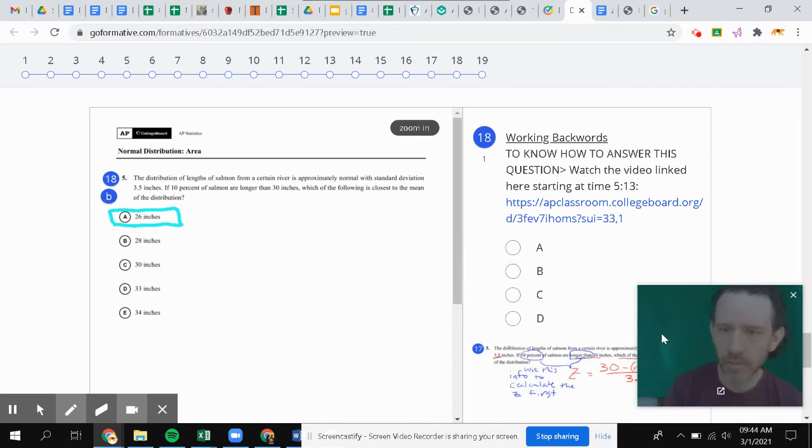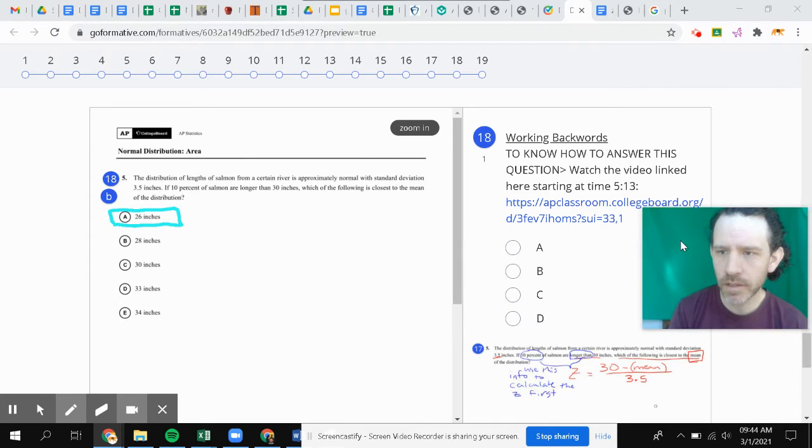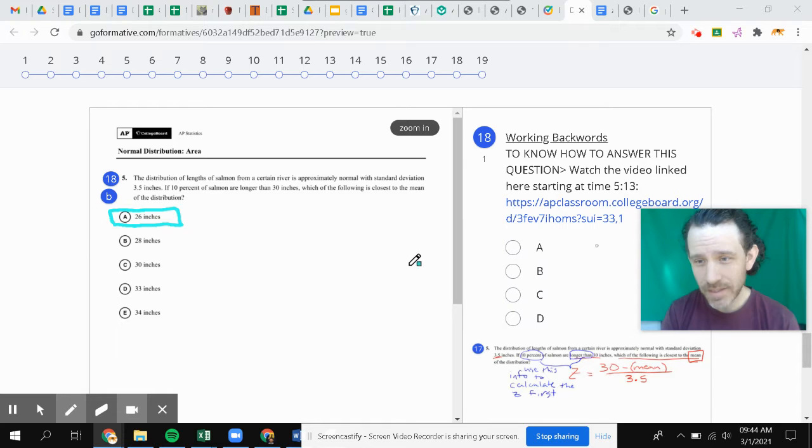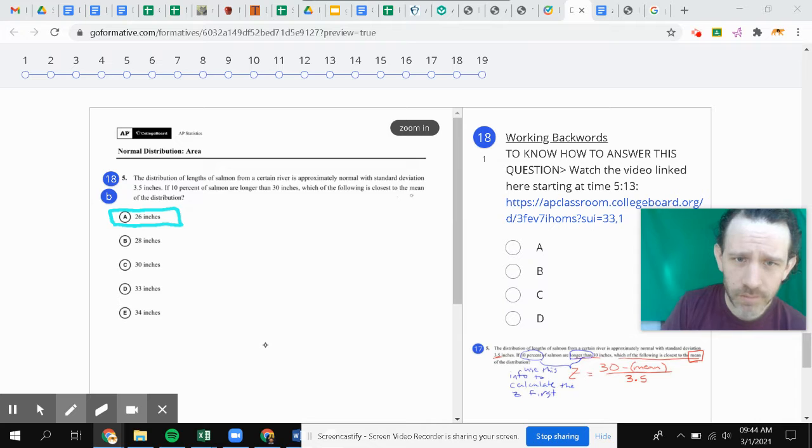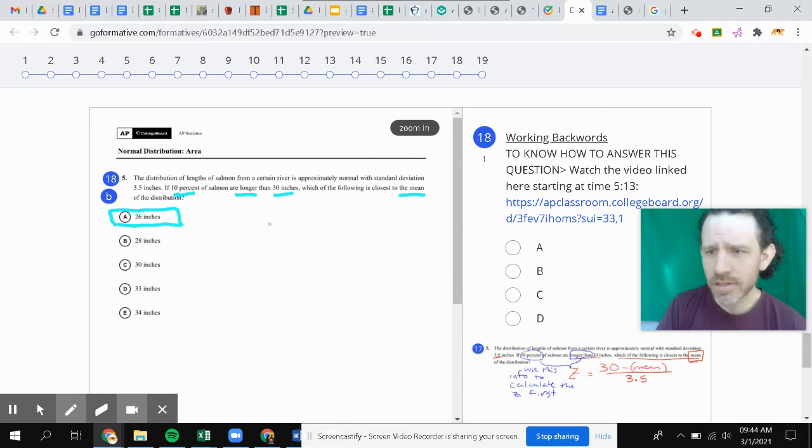So if we look at my hint that I gave over here at the bottom, we can see that to calculate the mean, we want to figure out the mean of our distribution, knowing that 10% of our salmon are longer than 30 inches. We have to do a couple things in order to get there. We're dealing with the normal distribution.